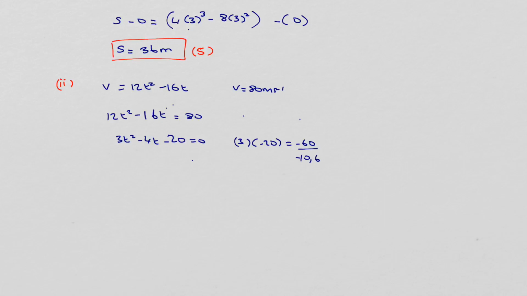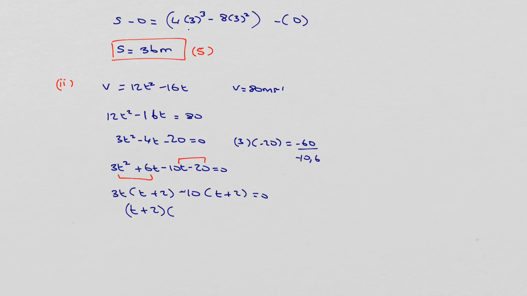Or solve however you want, your quadratic formula or your minus b formula. Okay. So we have 3t squared plus 6t minus 10t minus 20 equals 0. So taking out the highest common factor, we end up with 3t times t plus 2 minus 10 times t plus 2 equals 0. So t plus 2 is our highest common factor, leaving us with 3t minus 10.